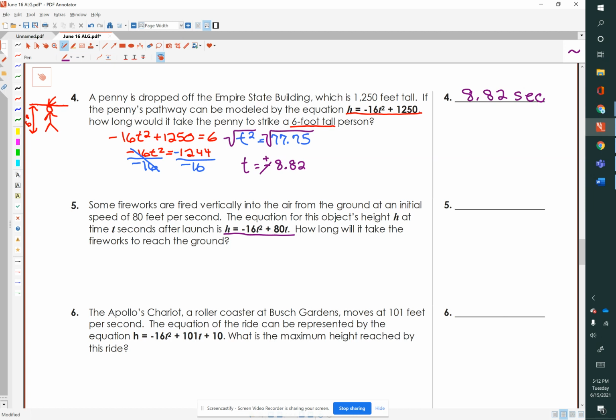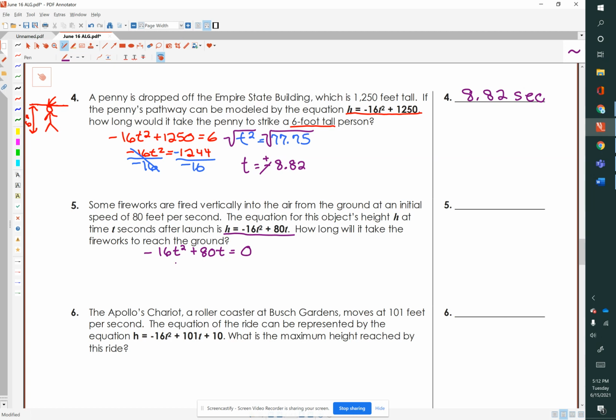We're not being asked that. So we don't need to know the vertex. We don't need to take negative b and divide it by 2a. All we want to know is how long will it take the firework to reach the ground? So we just set it equal to 0: negative 16t squared plus 80t equals 0.